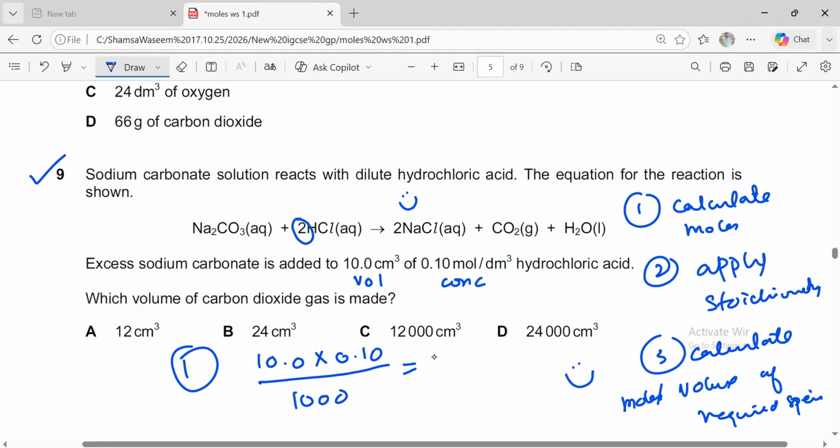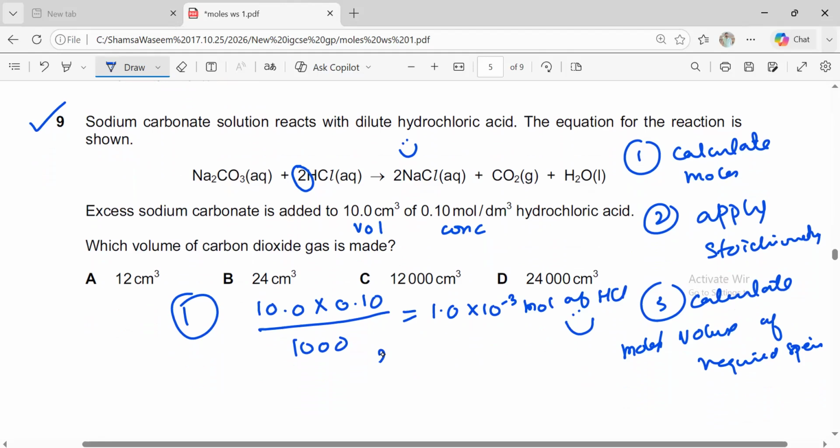We might have got 1 into 10 raised to power minus 3 moles of HCl. Then people must have applied this stoichiometry as 2:1. So 10 raised to power minus 3 will give us X moles. Do cross multiplication. So you must have divided this by 2 to get moles of carbon dioxide, right? Because moles of carbon dioxide would be 5 into 10 raised to power minus 4.